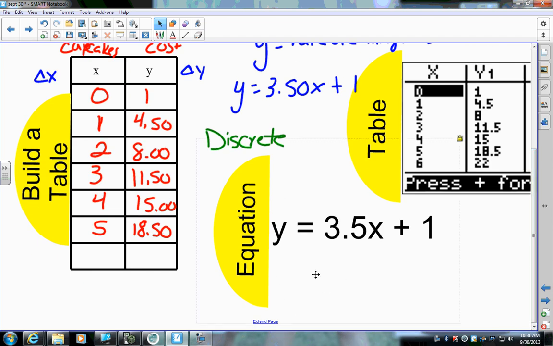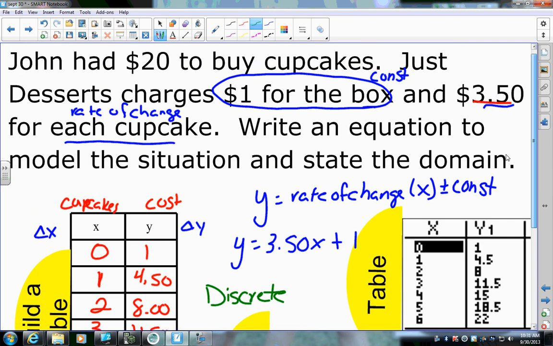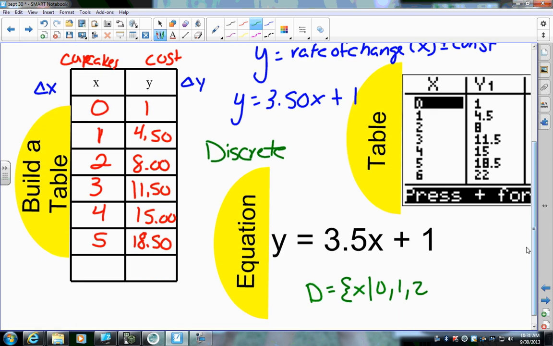So my domain is going to be 0, 1, 2. Now wait a minute. It said I only had how much money? I only have $20. So looking at my table right here, what's the most amount of cupcakes I can buy? At 6, it's going to cost me $22.